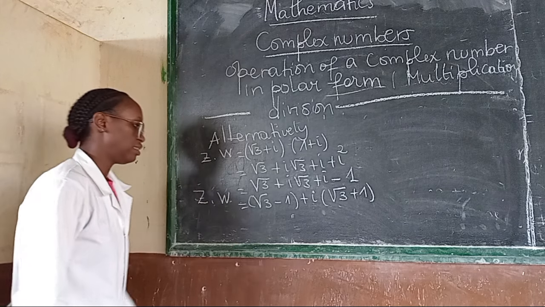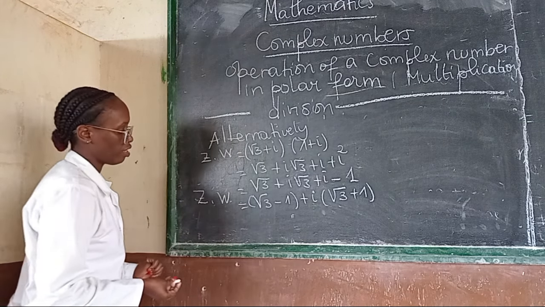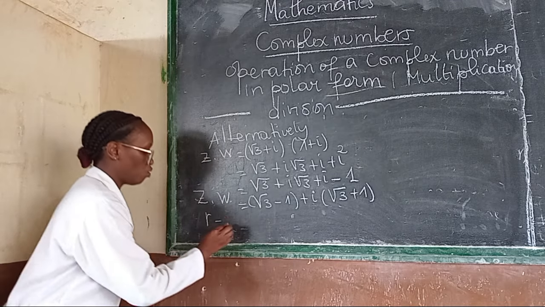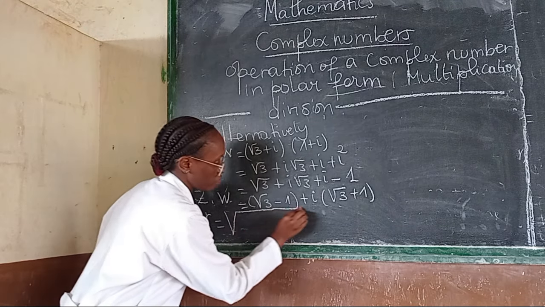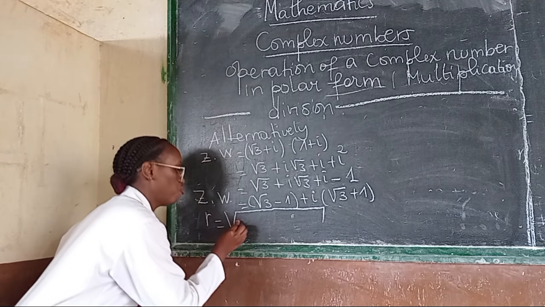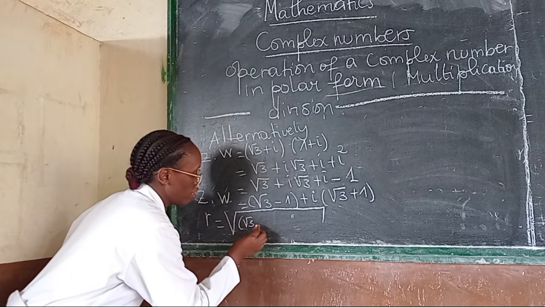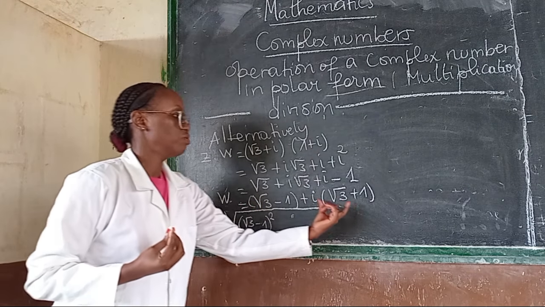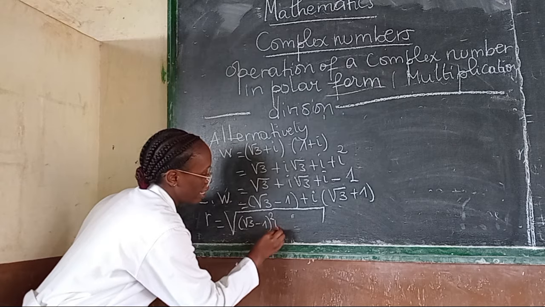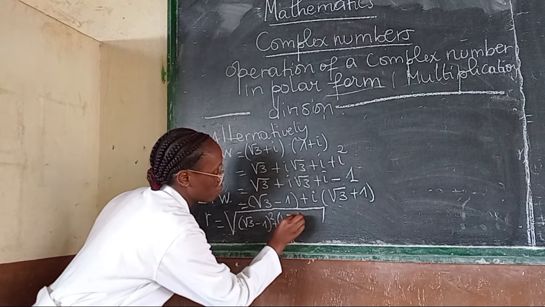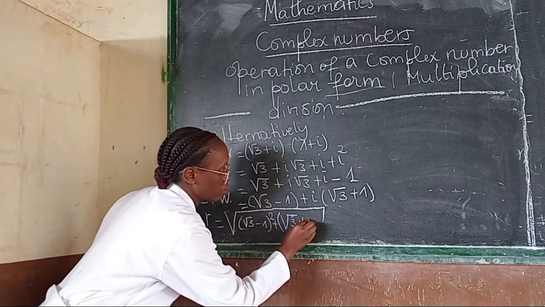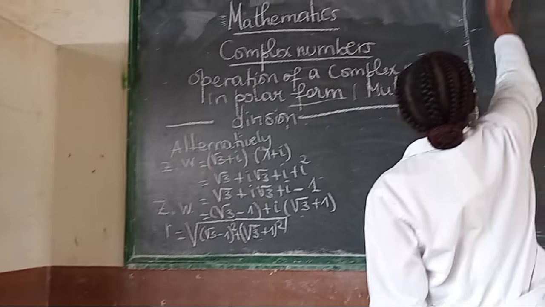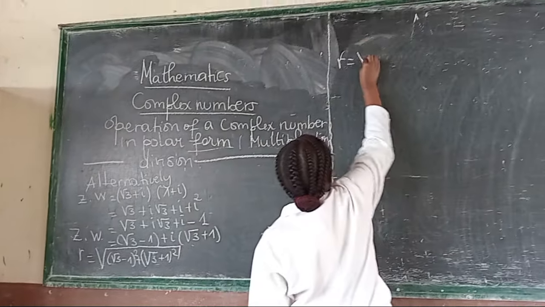We are going to find the modulus of this product of z1 times z2. So the modulus will be equal to square root of 3 minus 1 squared. We consider this one as A and this one as B, plus square root of 3 plus 1 squared. So from this step, our modulus will be equal to what? We are still having the square root.